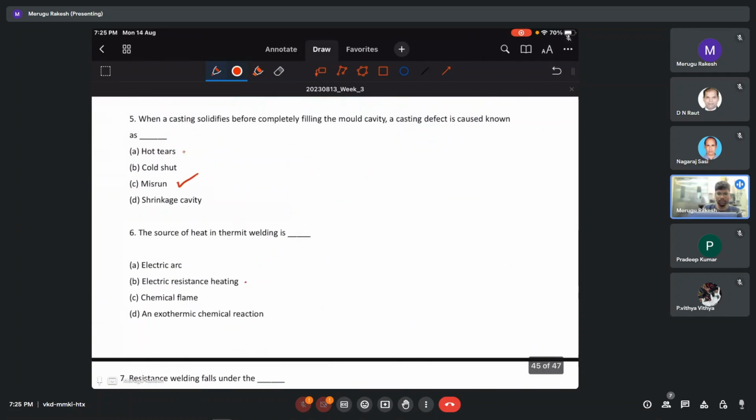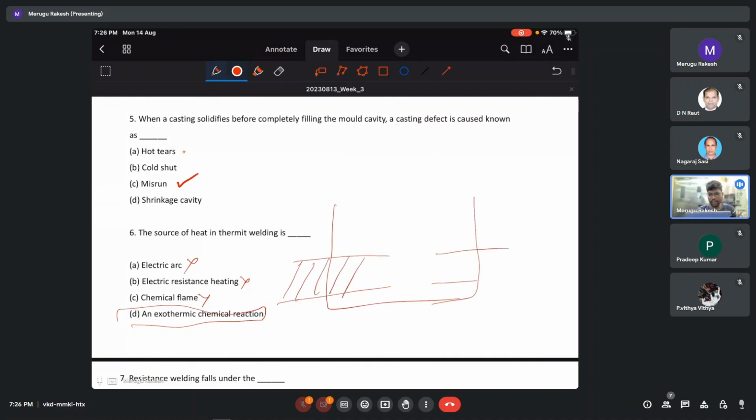The source of heat in thermite welding is, so it's not electric arc, it's not electrical resistance heating, it's not chemical flame, it's an exothermic chemical reaction. It's a very famous thing. So basically, what we do in thermite welding is we take the component that is to be welded, for example, a train track. Then we put a 1:3 ratio of aluminum and iron oxide powders.